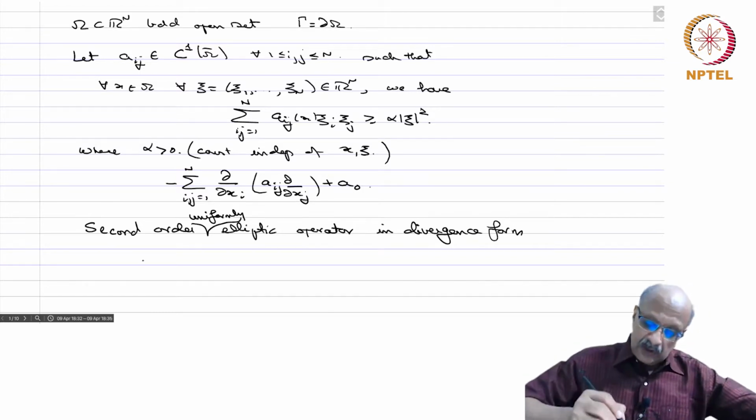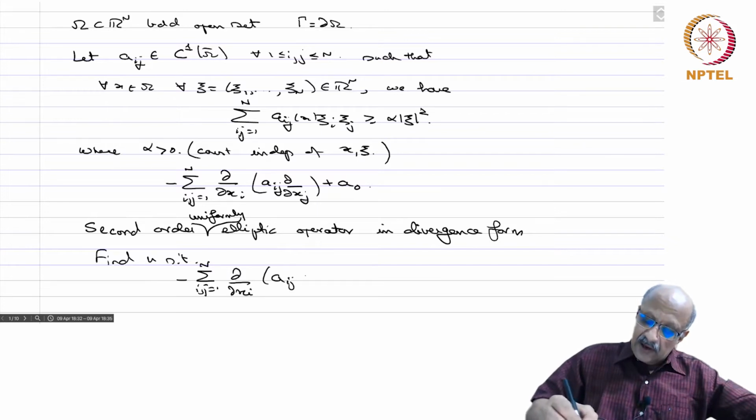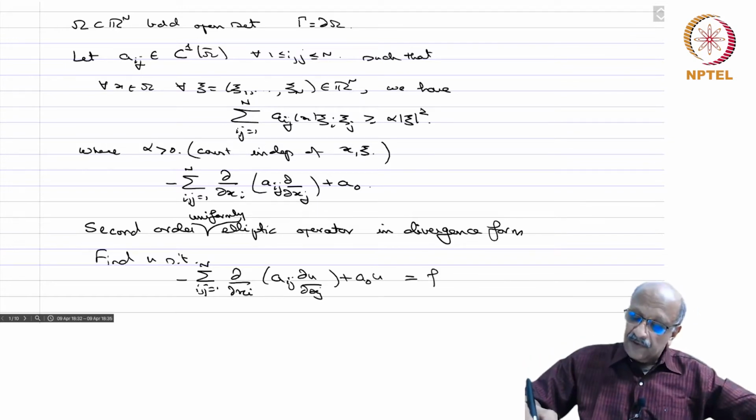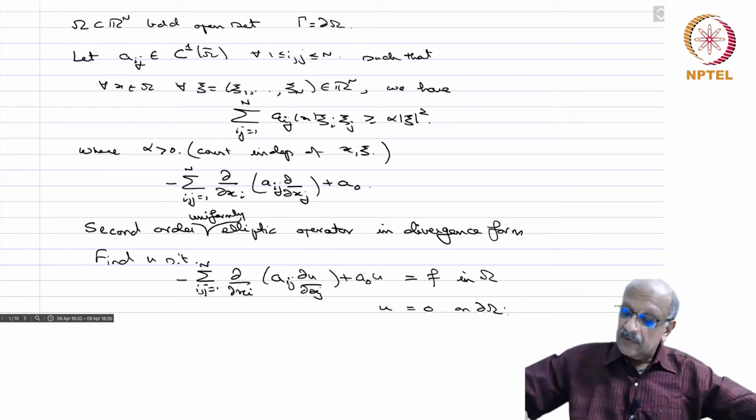Okay, so we now look to find u such that minus sum over i, j = 1 to n of d by dx_i of a_ij du by dx_j plus a_0 u equals f in Omega, and u equals 0 on the boundary of Omega, which is on Gamma.